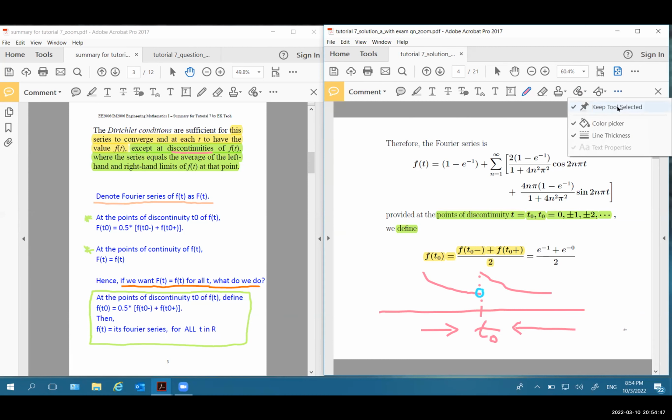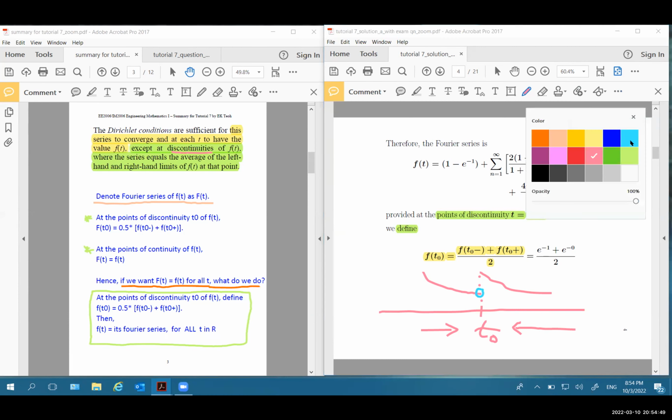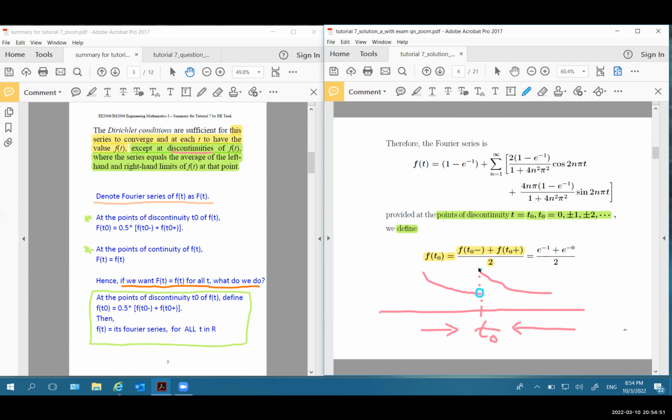Then you can see the function value here is this one. This one is f(t0 plus), and this value here is f(t0 minus).